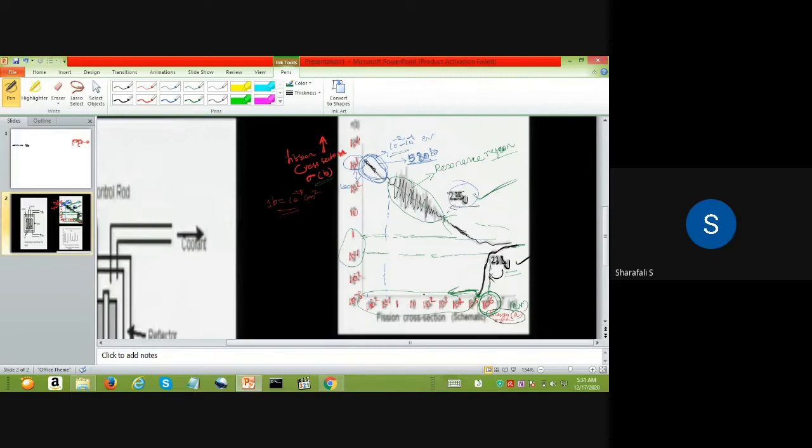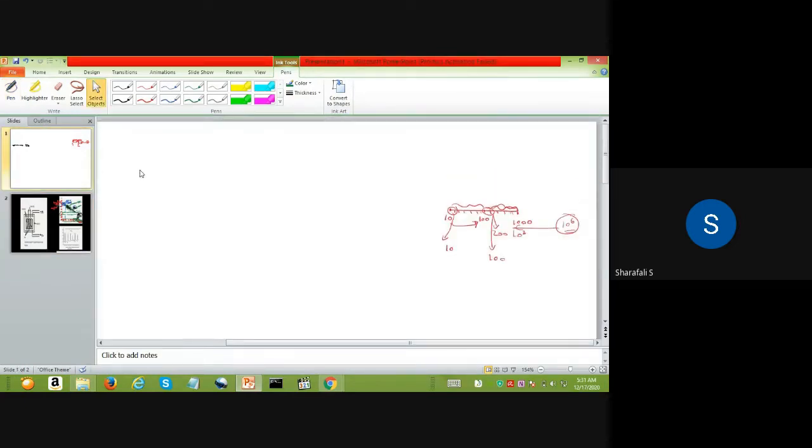Fission will happen for uranium 238 only when a neutron of 10 raised to 5 electron volt energy is absorbed by the uranium 238 nucleus. So that is the first thing, the fission cross section.